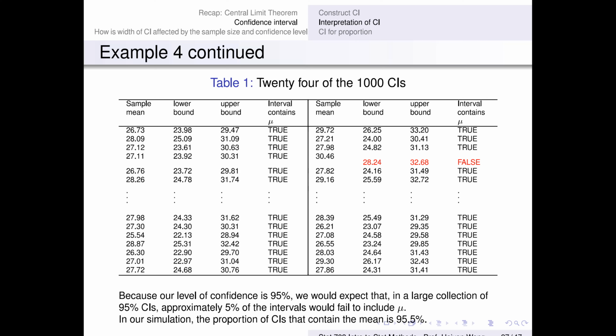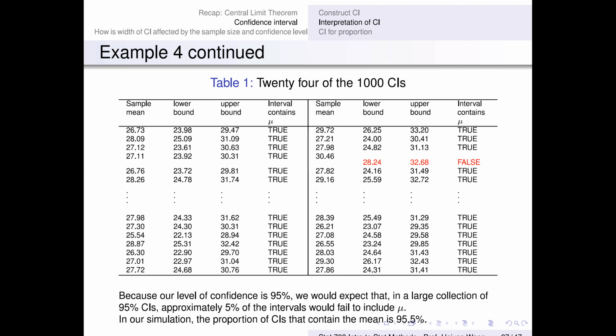So out of the 1,000 in this experiment, about 95.5% contained the mu 27, and the remaining 4.5% did not. This is from 1,000 samples.